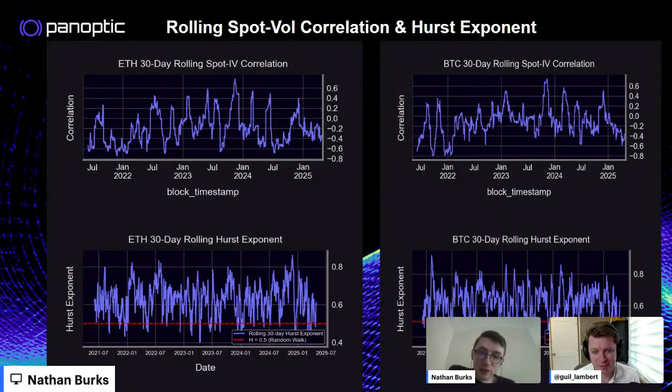If you look at July 2022, it's pretty low leading up to that point, less than negative 0.6, and then it spikes up. So it's really about the rate of change.